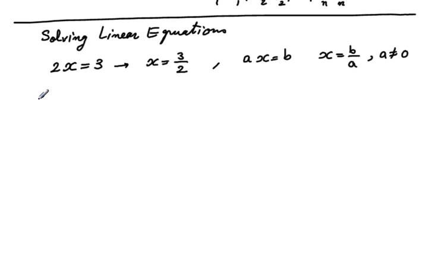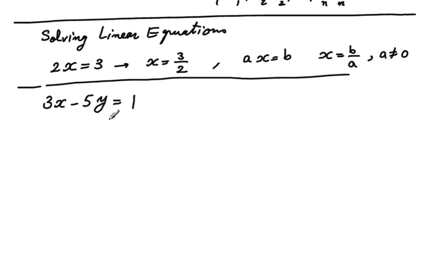Let's go ahead and write an equation in 2 variables, see what happens there. Suppose I have an equation like 3x minus 5y is equal to 1. Okay, so second equation, considering 3x minus 5y equal to 1.